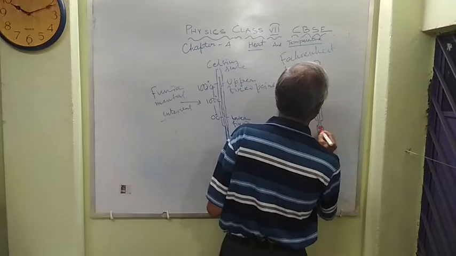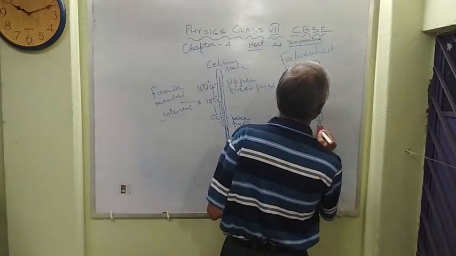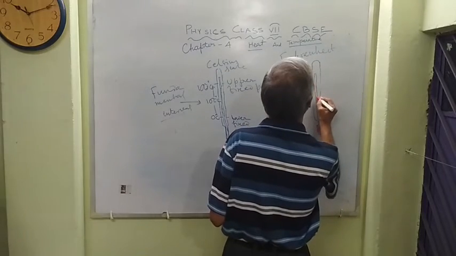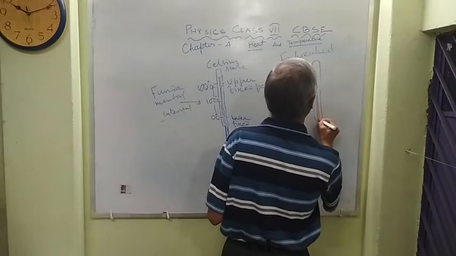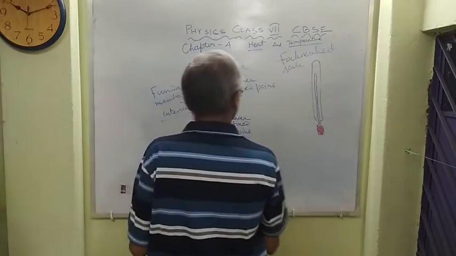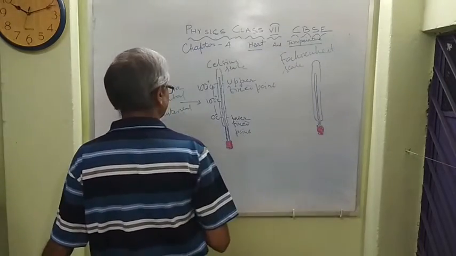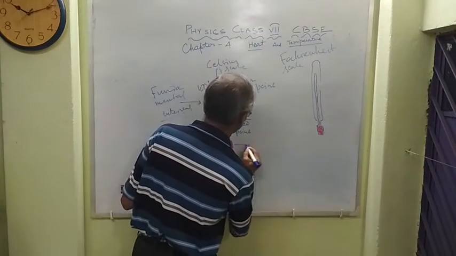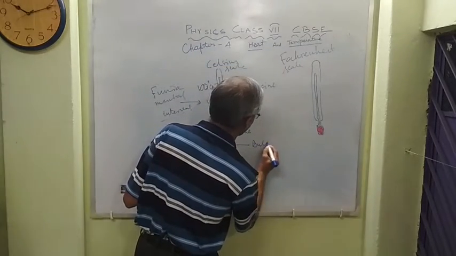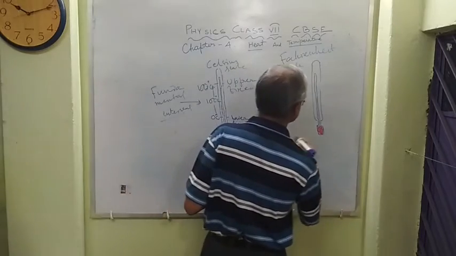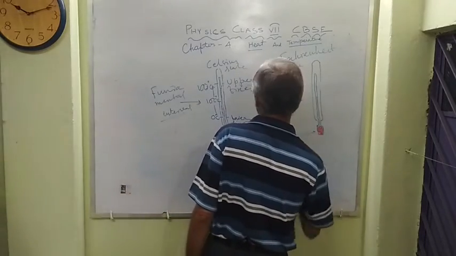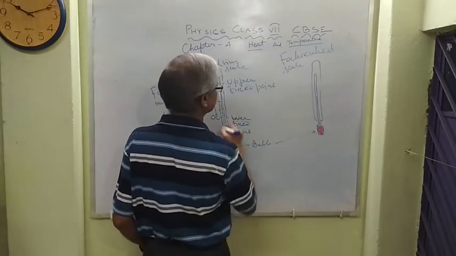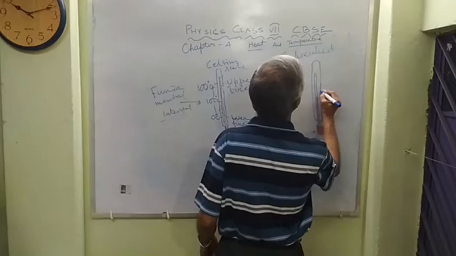This is called the bulb. Here mercury is taken as the thermometric substance. This is the bulb of the thermometer, made of cylindrical glass.